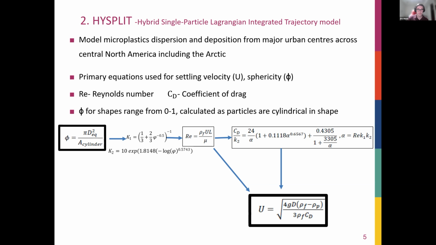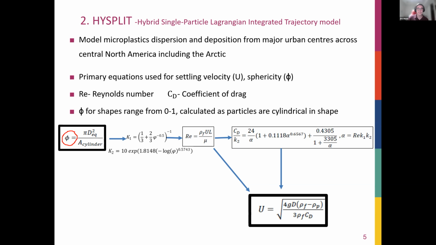The more heavily outlined ones are the key ones. So the first equation on the left here is a sphericity factor, which is the main way that we are determining the shape. That ranges from 0 to 1, with a sphericity of 1 being a perfect sphere, and then the remainder from 0 to less than 1 being some sort of fragment, simulated fragment, or fiber.